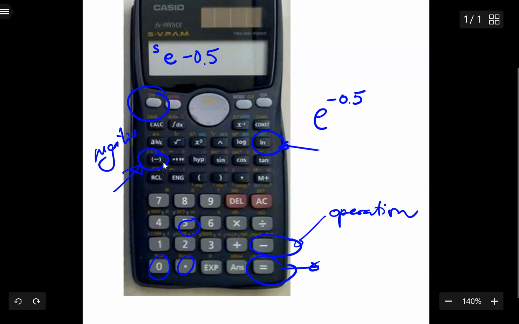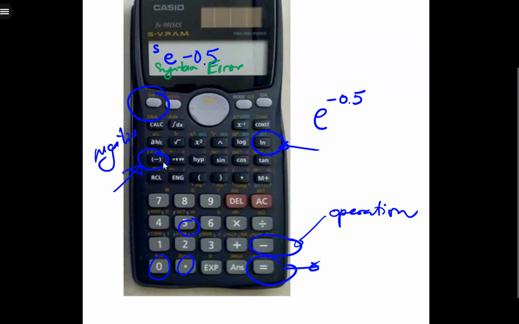And now press the equal sign. So what do we get? We got a syntax error. I do this on purpose because I would like everyone to pay attention to something here.